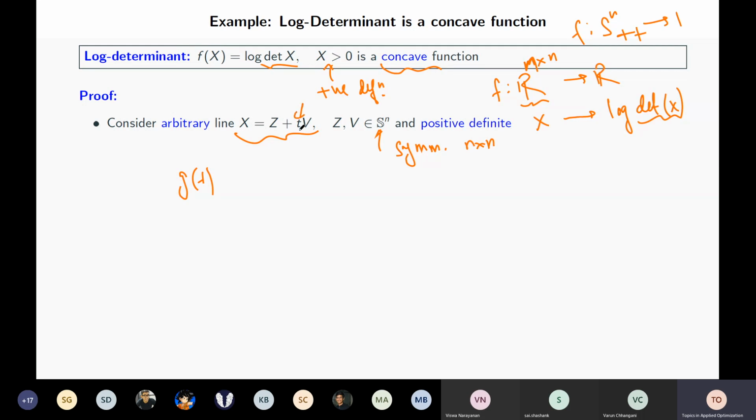So all the lines that are possible in your given domain, you take the line as far as possible in the given domain, until the points on the line, which is Z plus tV, are matrices that remain positive definite. Then take that and prove that it's concave, right? It's concave.